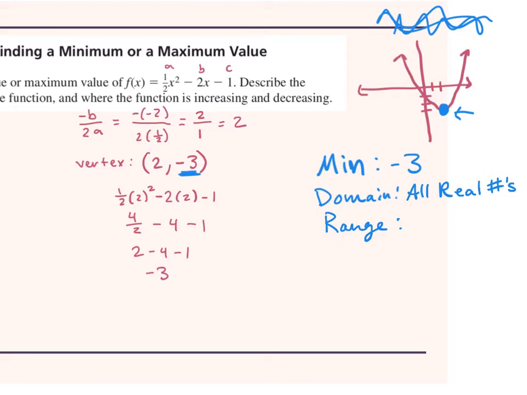Now our range, we start at the bottom and work our way to the top. So starting at the bottom down here, where does our graph start? -3. Perfect. So our graph starts at -3, and then where does our graph end?